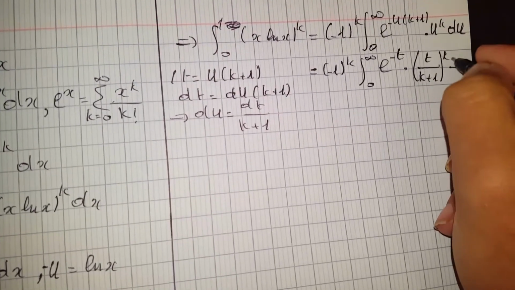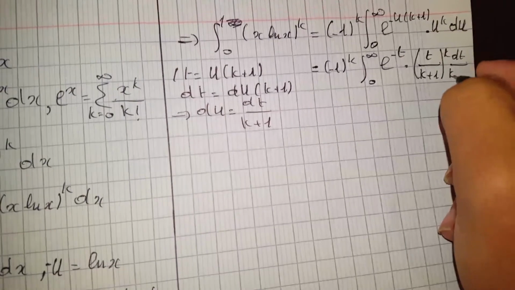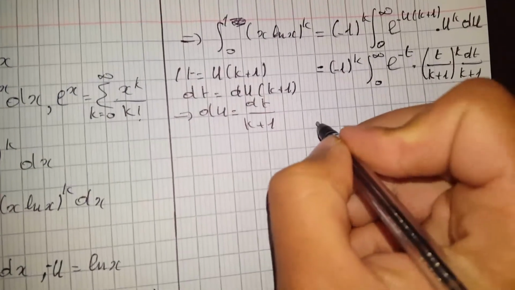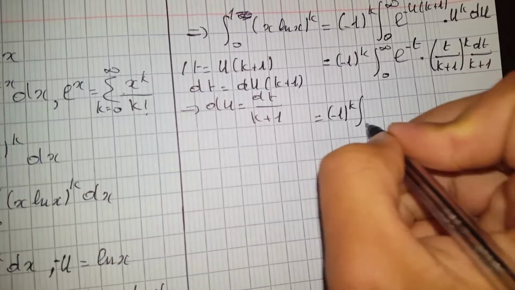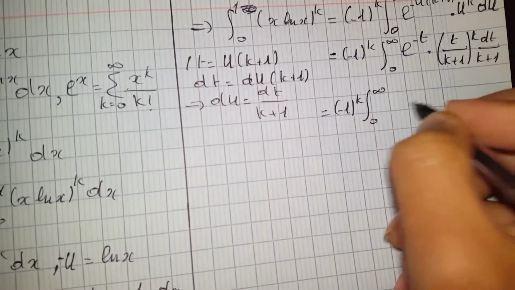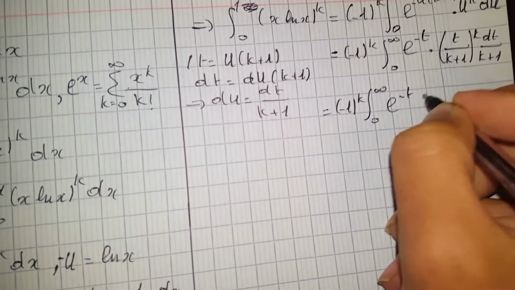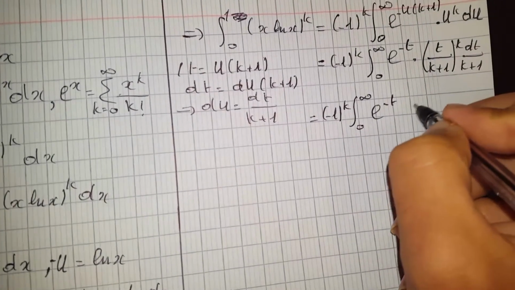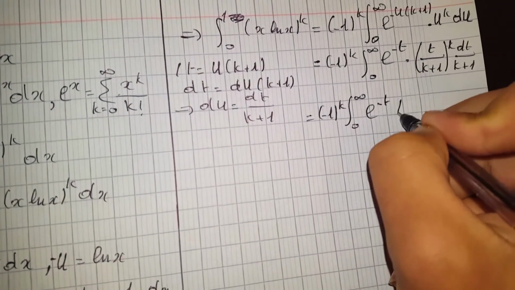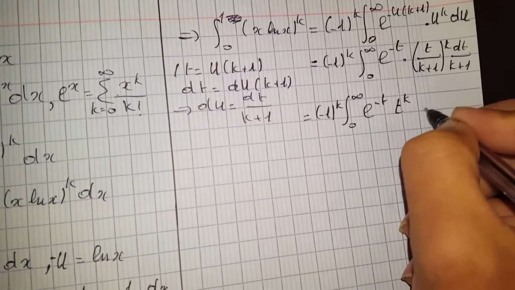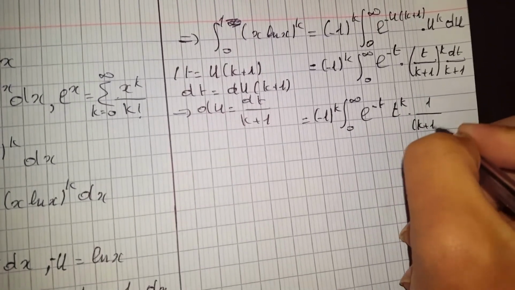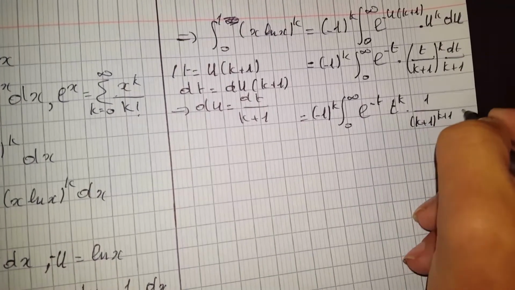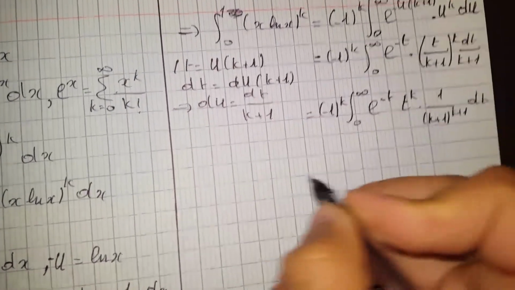And that's equal to minus 1 to the k, the integral from 0 to infinity of e to the minus t to the power of k multiplied by 1 over (k plus 1) to the k plus 1 dt.